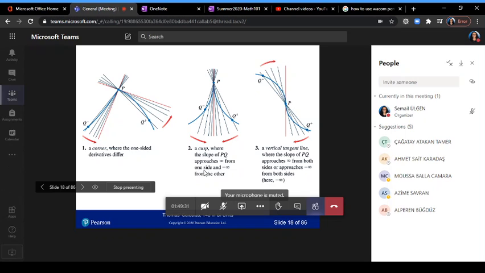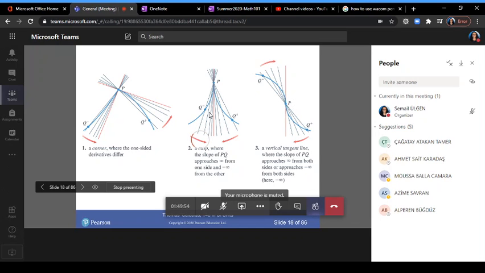Another type is cusp. If you look at the slope of the secant lines at P, let's approach from the left. Look at this secant line, and then this secant line, this secant line.